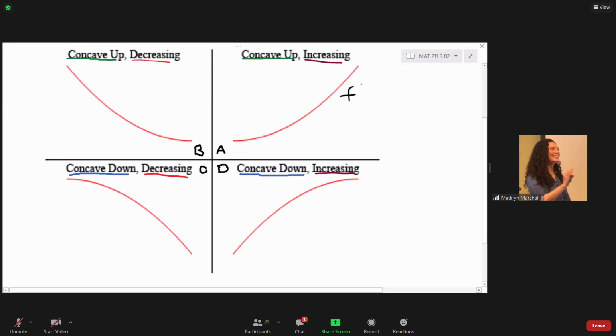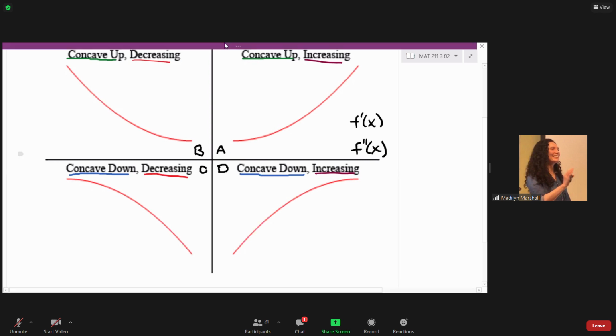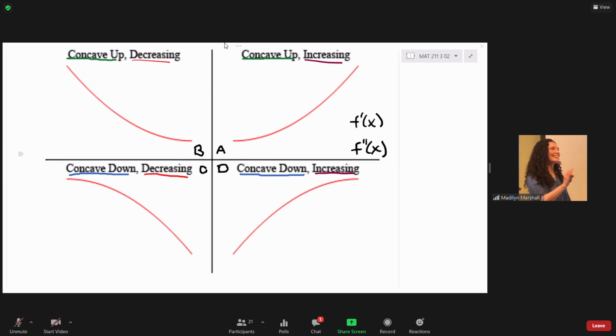And the poll is going to ask, what can we say about whether F prime is positive or negative and whether F double prime is positive or negative? This poll has four choices, and it says, which of the following describe graph A? So it has F prime being positive or negative and F double prime being positive or negative.